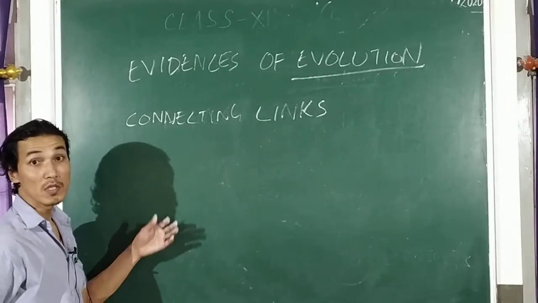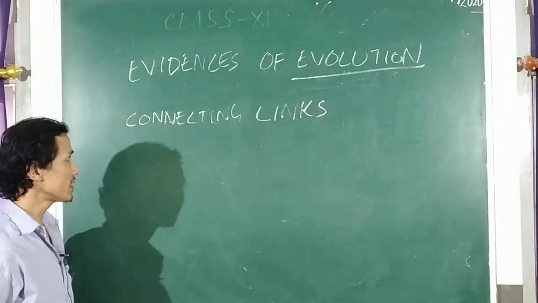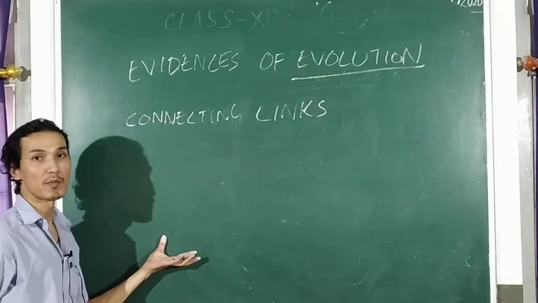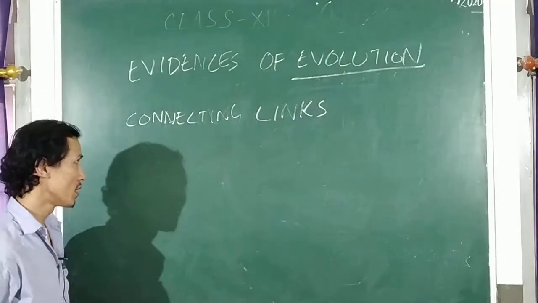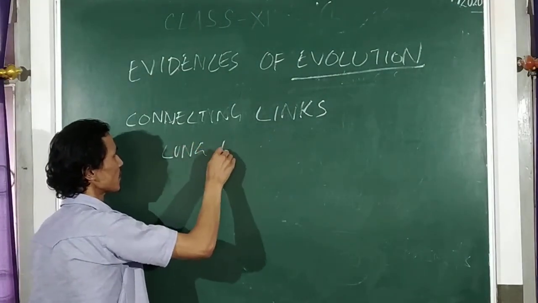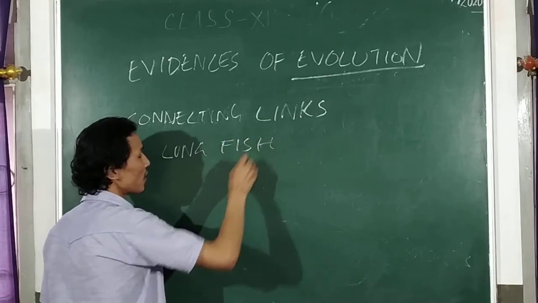Another thing you have to remember is connecting links. Connecting links are organisms which are still found in modern times and provide links between two different animals. The most famous example is the lungfish.